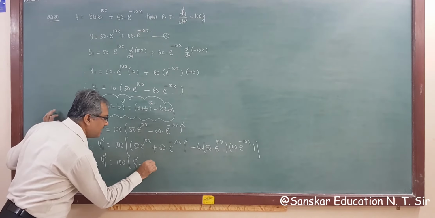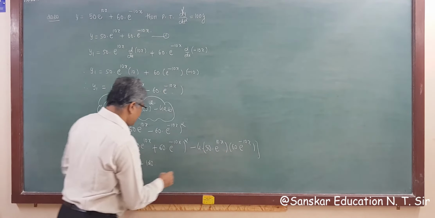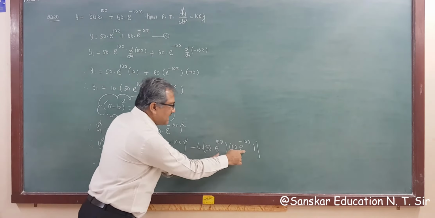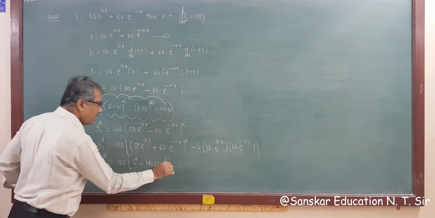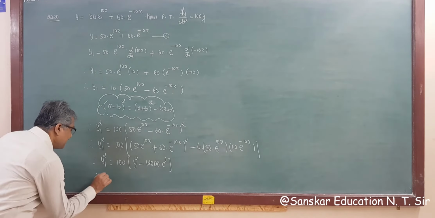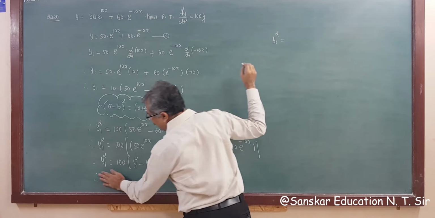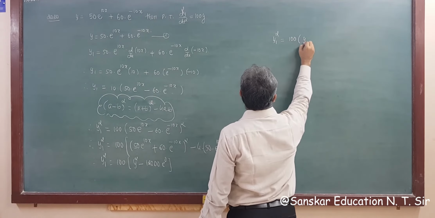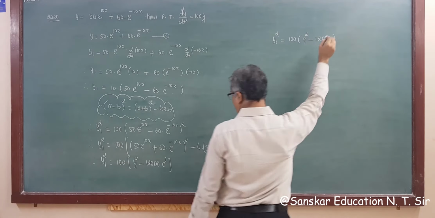So this is 120 times, double 0, so this is 12,000 times. And the powers of e are same, so sum of the power is 0. So this is e raised to 0, and e raised to 0 is 1. So now this can be written as y1 square is equal to 100 into y square minus 12,000, right?